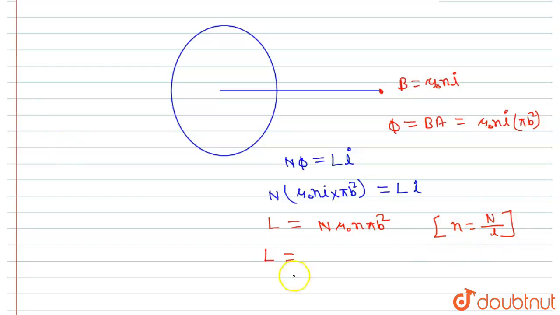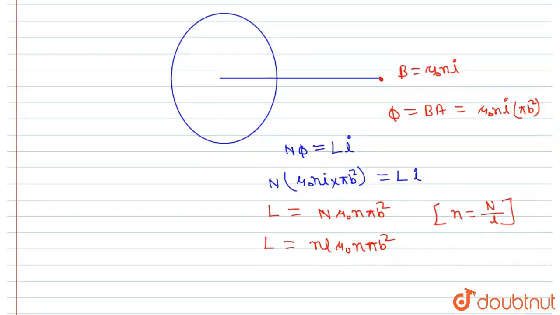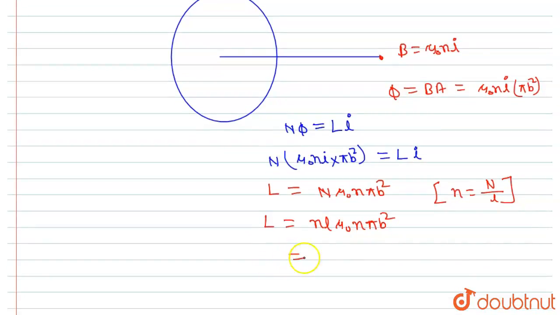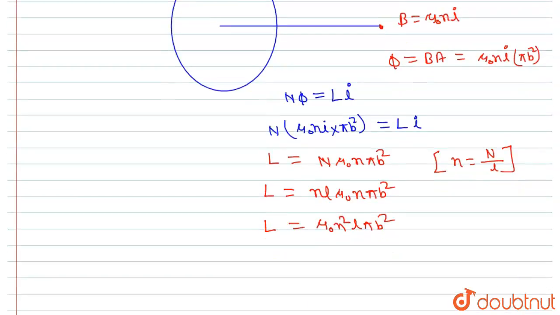So we can write L is equal to n into l, into mu naught into n into pi B square. Now from here we can write this is equal to mu naught into n square into l into pi into B square. This is what L is. Clear?